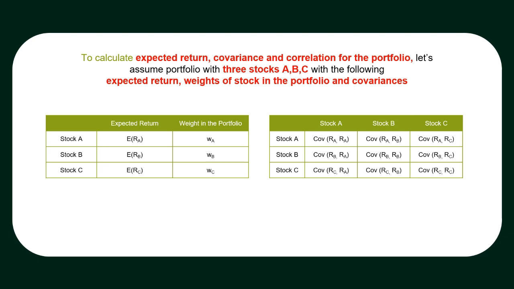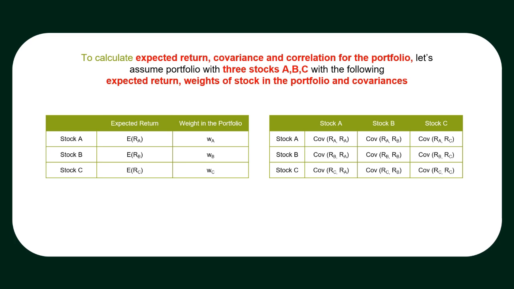To calculate expected return, covariance, and correlation of a portfolio, we will assume portfolio with 3 stocks A, B, and C with the expected return of RA, RB, and RC respectively, and their weights in the portfolio to be WA, WB, and WC. And the covariance between each pair of stock means between A and B, A and C, and between B and C, and between A and A.